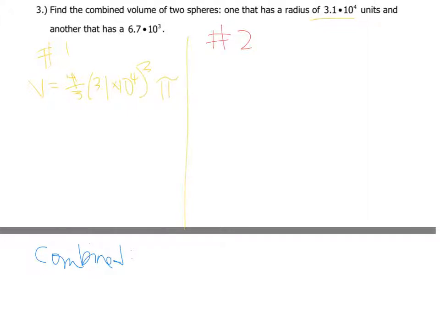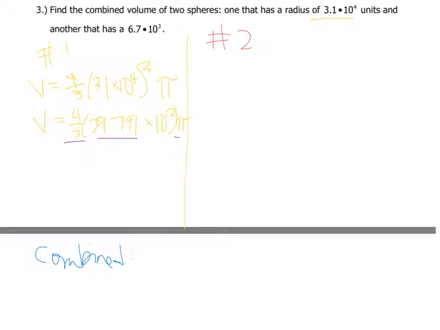Well, 3.1 to the 3rd power is approximately 29.791. And then 10 to the 4th power raised to the 3rd power is 10 to the 12th power. We still have pi. Then we have 4/3 times 29.791 times pi.